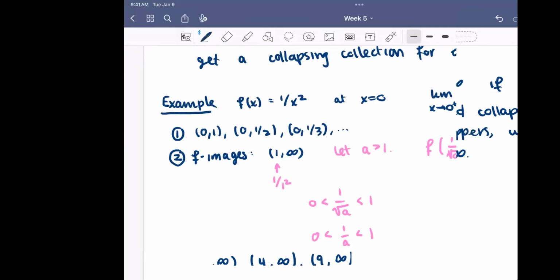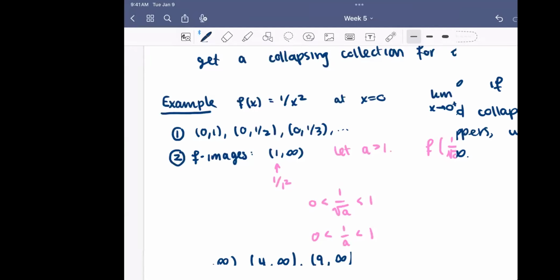I understand how when you take the wrappers of the f images of a collapsing collection, I can show the limit. But is it really enough for continuity? Because what if there's just a removable discontinuity? So you mean taking wrappers of the f images of a collapsing collection?